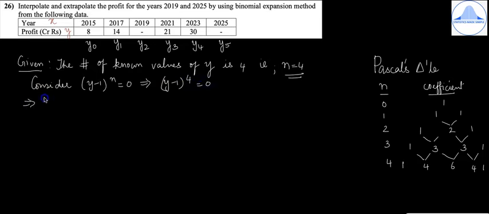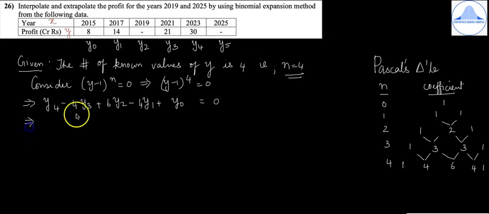So which implies start with y4, then y3, y2, y1, y0 equal to 0. y4 will have the plus sign, then minus, plus, minus and plus. Then seeing Pascal's triangle, we write the coefficients for n equal to 4. So first you'll have 1 here, which we usually don't write. Then you have 4, 6, 4 and 1.